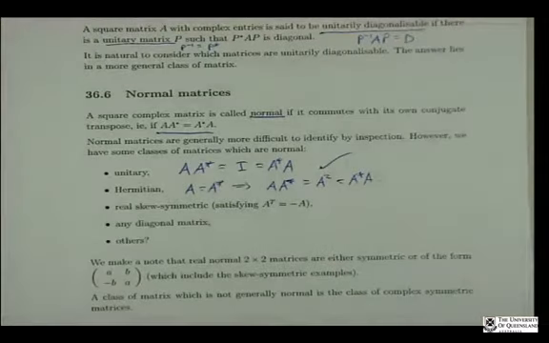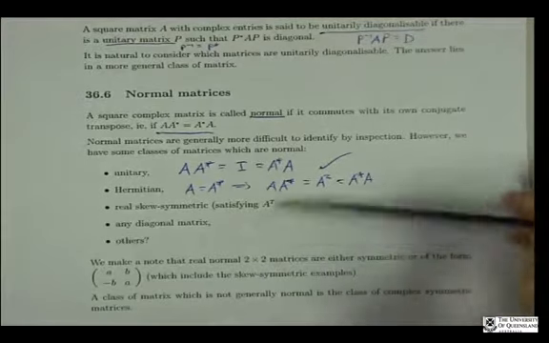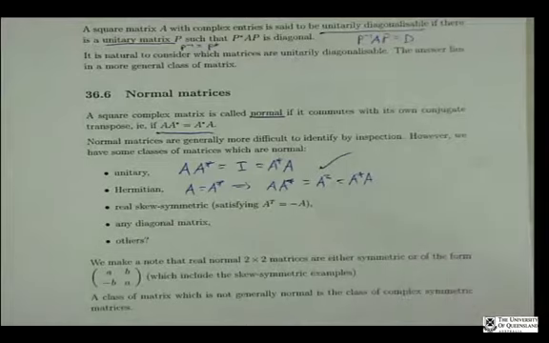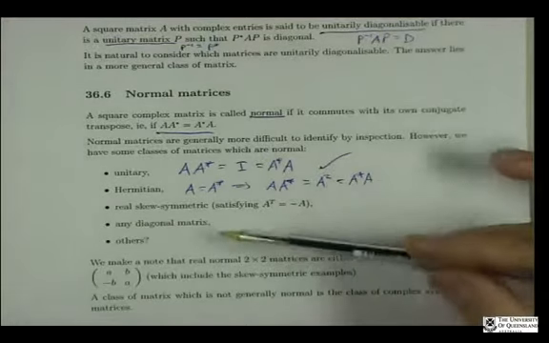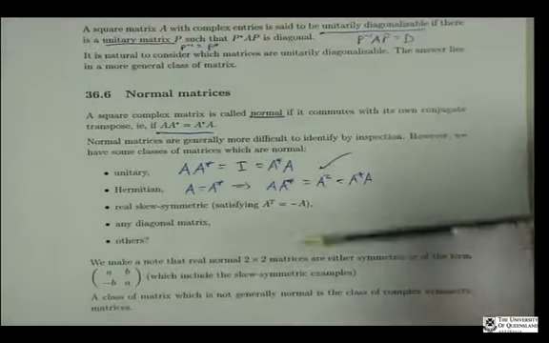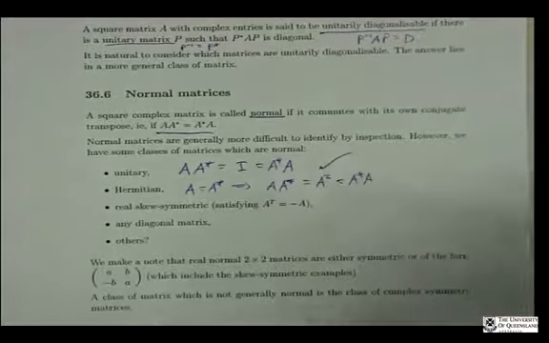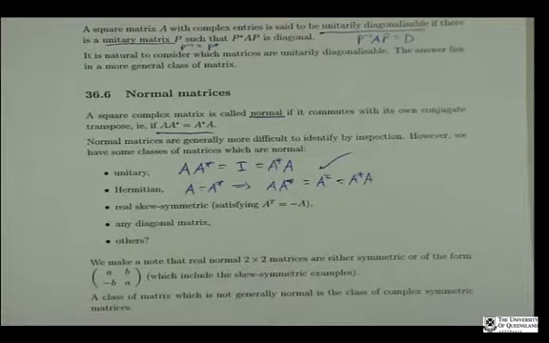So the Hermitian matrices also fall into that class. So do real skew-symmetric matrices, satisfying A transpose equals negative A, and any diagonal matrix, and there could be others. That demonstrates that the normal matrices are a much larger set than just the Hermitian ones.